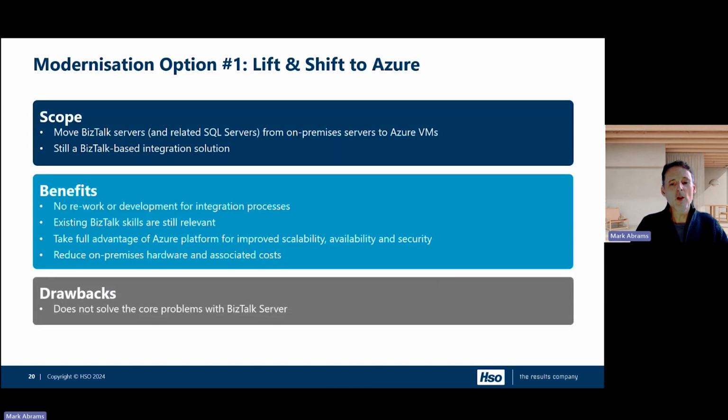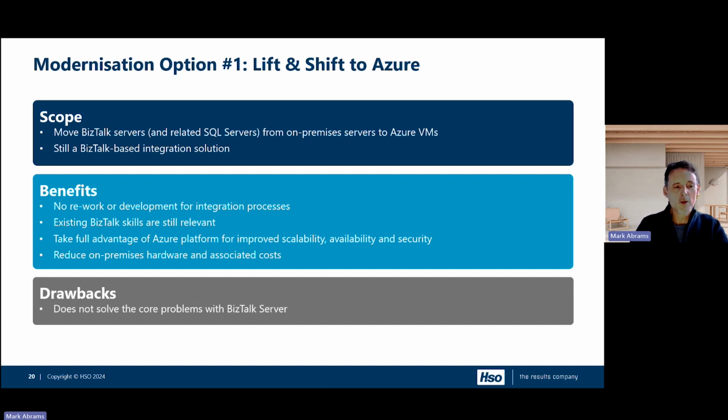So what are the options when it comes to modernizing BizTalk to Azure? Depending on where you are at the moment with your existing BizTalk solution, you may be just running it on a set of hardware in your own data center. And so one of the first choices that you've got is you can just take a lift and shift approach.